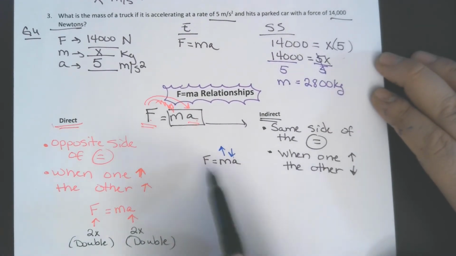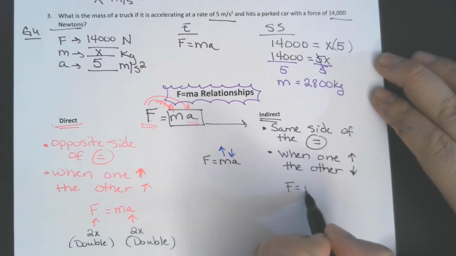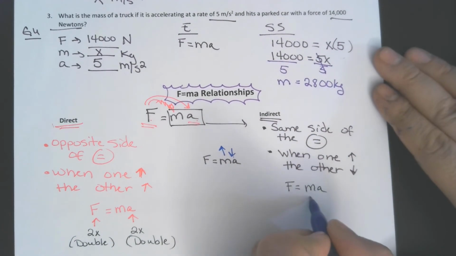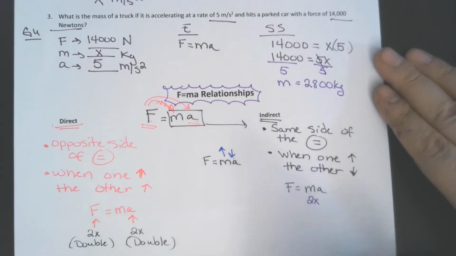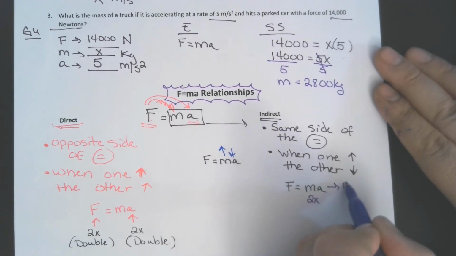But for this equation, where you are looking at an indirect relationship, if the mass doubles, then the acceleration is going to do the inverse.